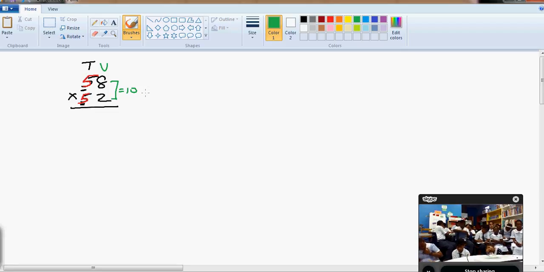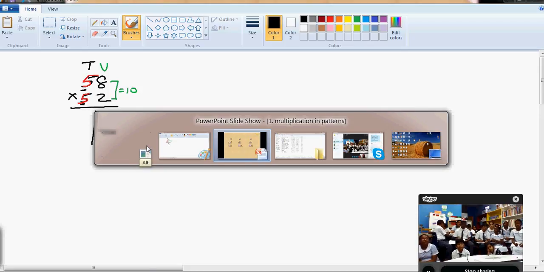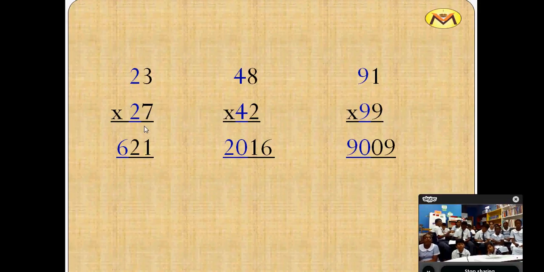So here, if this is the case, then what do you think should be the right side? What did we do here? Look at these problems. 23 times 27, how did we get 21? How did we get 16? How did we get 9?